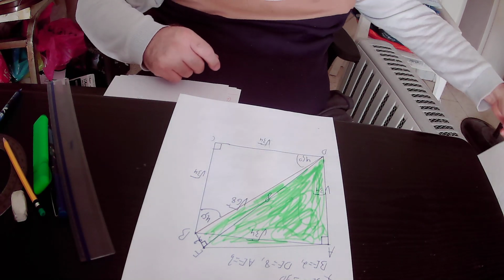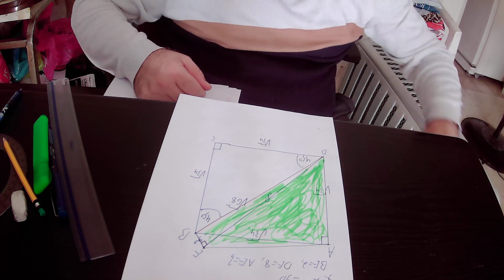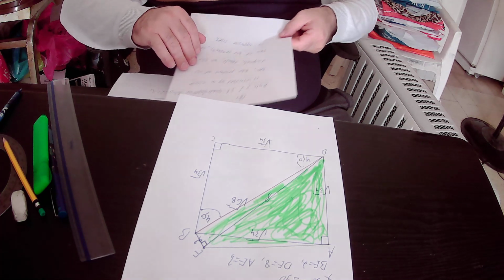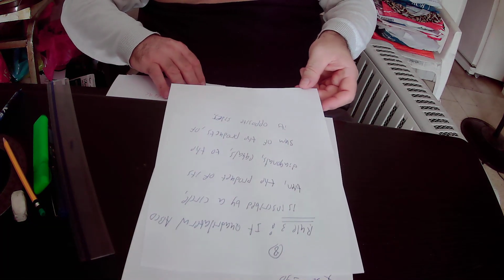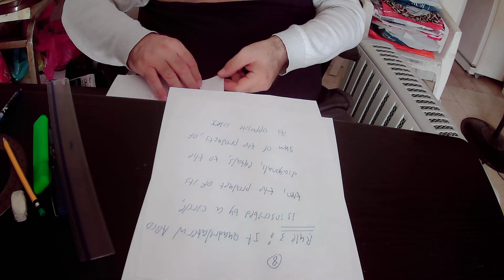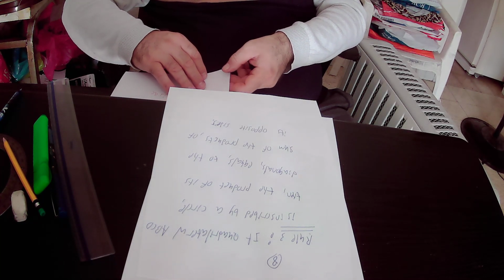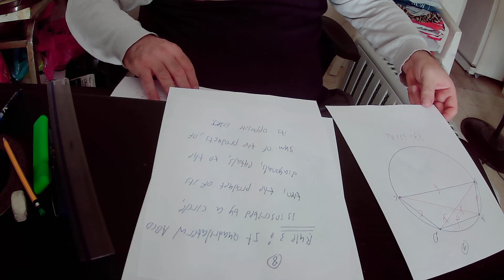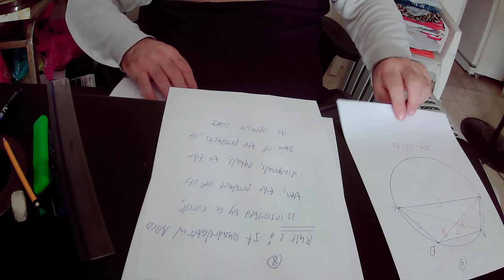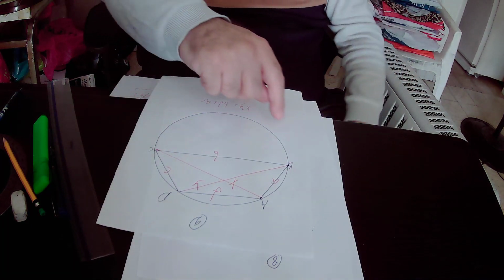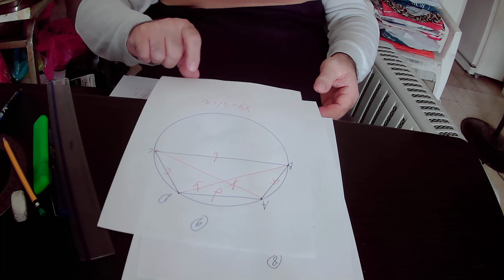And we also have rule number 3. According to rule number 3, if quadrilateral ABCD is inscribed by a circle, then the product of its diagonals equals the sum of the products of its opposite sides. So we have quadrilateral ABCD, this quadrilateral that is inscribed by this blue circle.